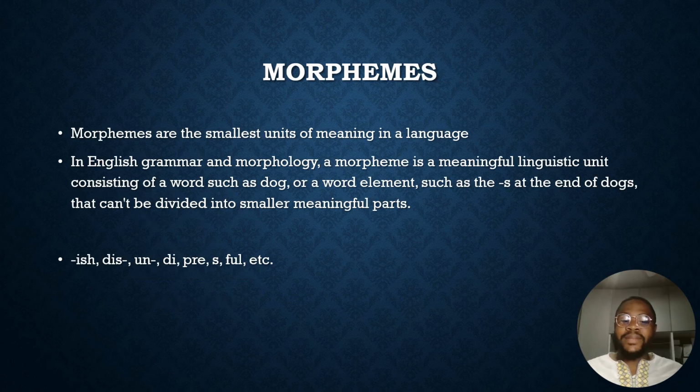Now we have morphemes. Morphemes are the smallest units of meaning in a language. In English grammar and morphology, a morpheme is a meaningful linguistic unit consisting of a word such as dog or a word element such as the S at the end of dogs, that cannot be divided into smaller meaningful parts.